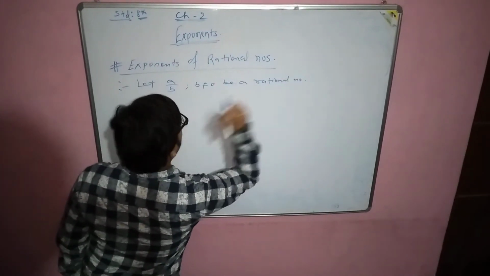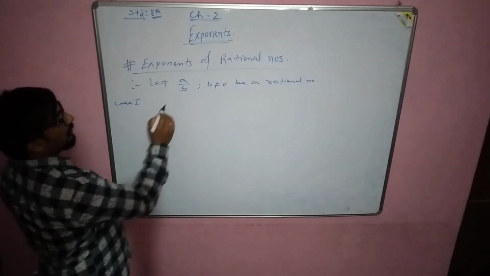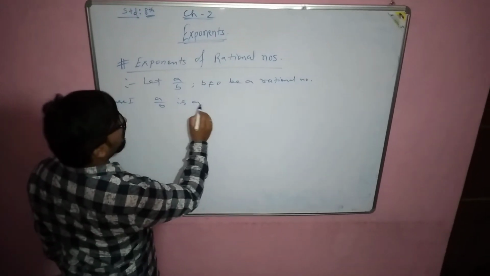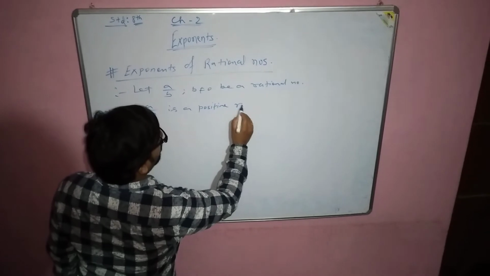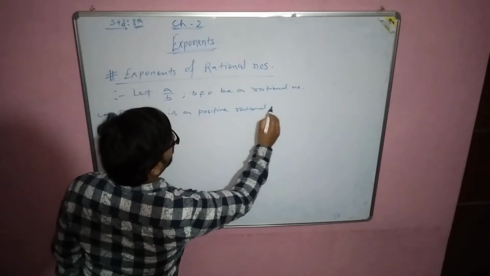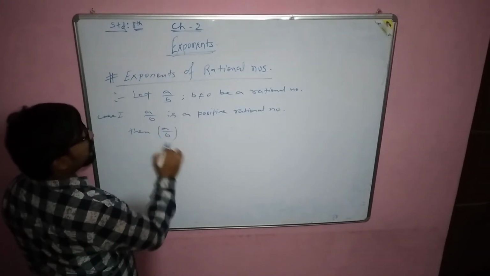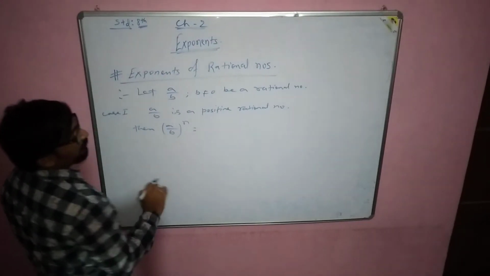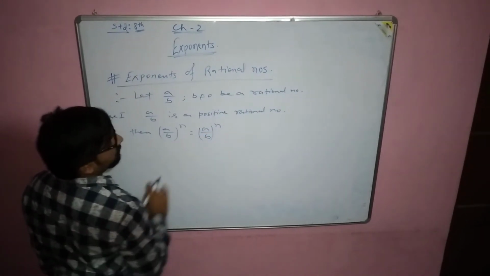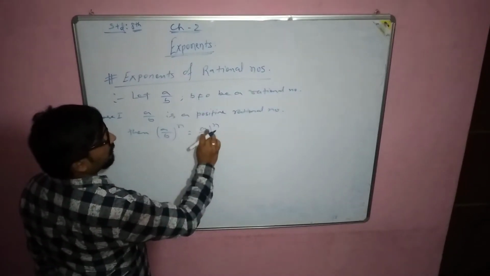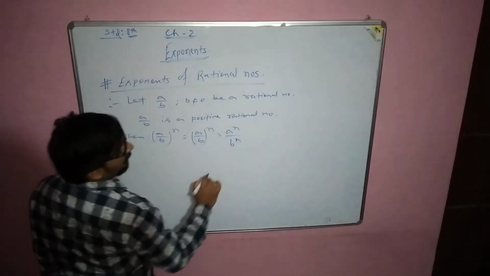If a by b is a positive rational number, then (a by b) raised to the power n equals a to the power n by b to the power n.